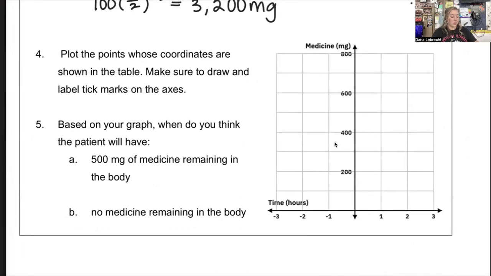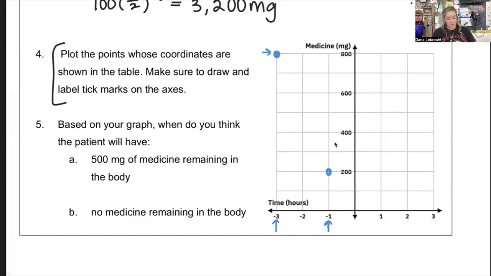Now for number 4, we're going to go ahead and plot the points. Just the ones from the table is fine. So our first point we had was when time was -3 and we had 800 milligrams. So we're going to go to -3 and 800, and that's where we're going to put our first dot. Then we have -1 and 200.